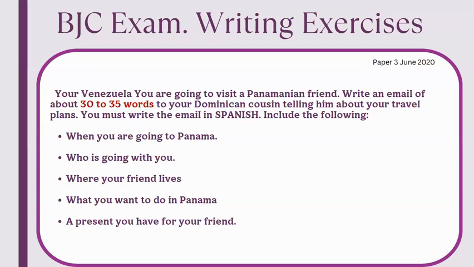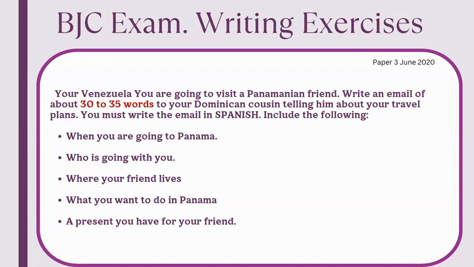Cuando? No, let me say it this way. Well, let you say it. Who would be going with you? So I want you to tell me. And again, this is where your family members can come in.